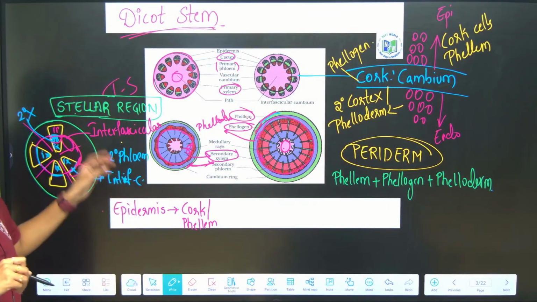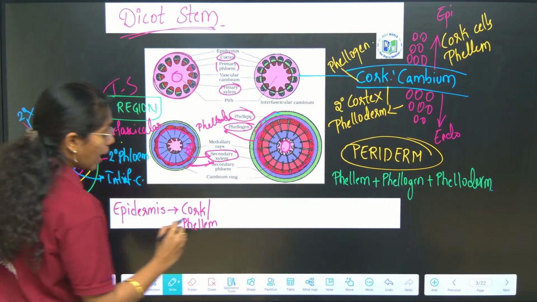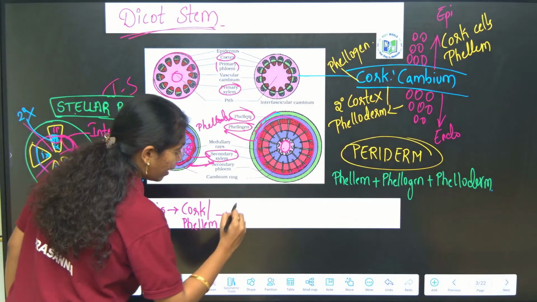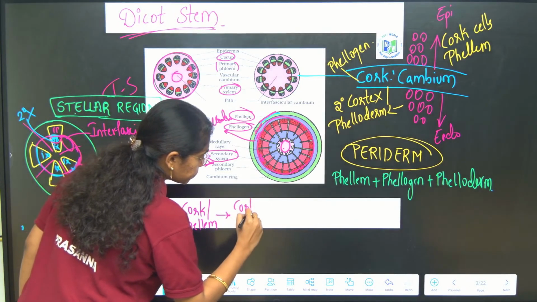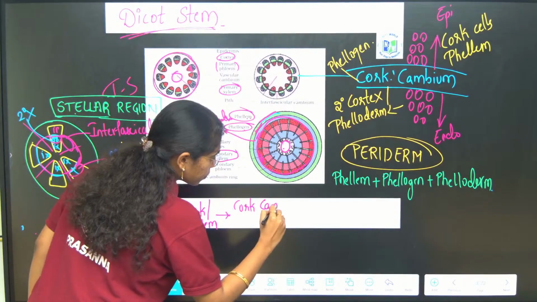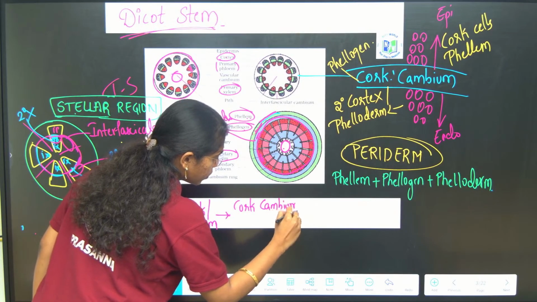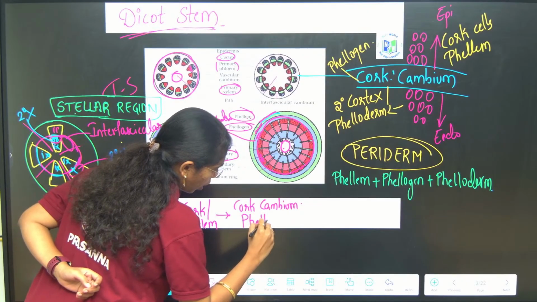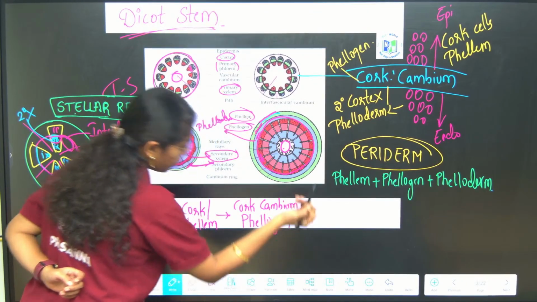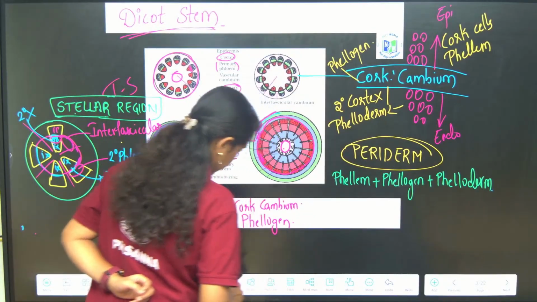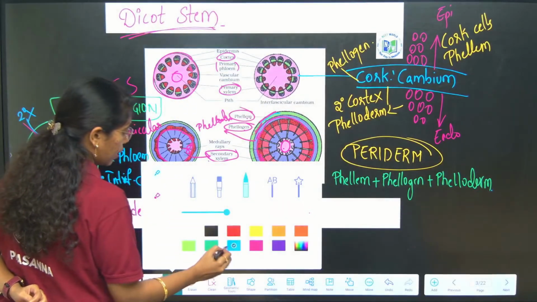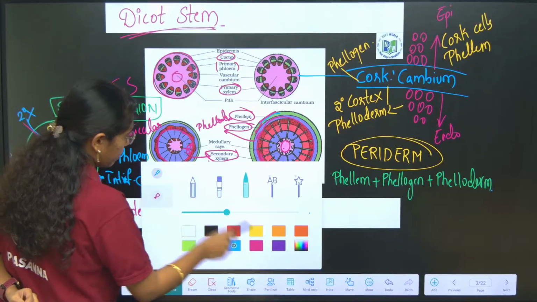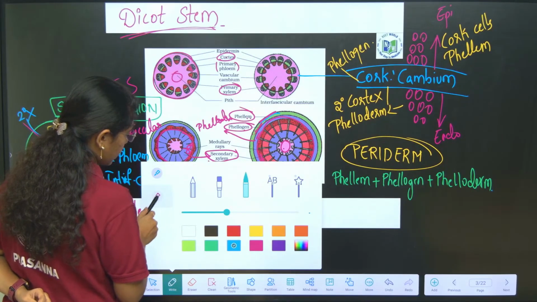You take it down, or if not, take a screenshot of this. After cork or phellem you will have cork cambium or phellogen. This is the region where cambial activity is taking place, right?